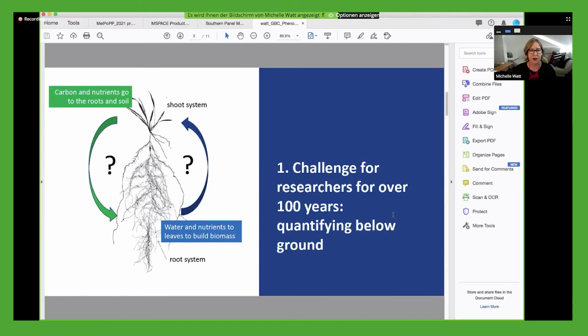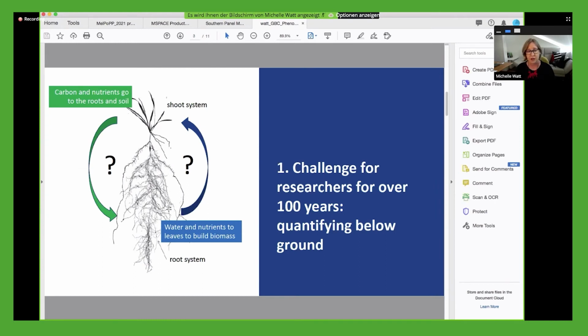As I highlighted, the really critical thing is that carbon is fixed in the leaves of all plants in photosynthesis, and a portion of it stays above ground in the leaves and the seeds and the flowers and the harvested products above ground, but a very large part of that carbon goes below ground into the roots and then out into the soil.